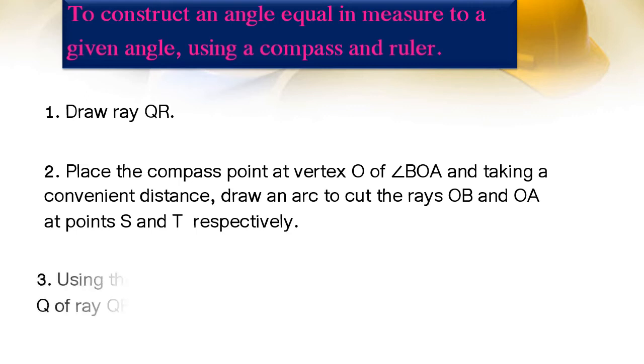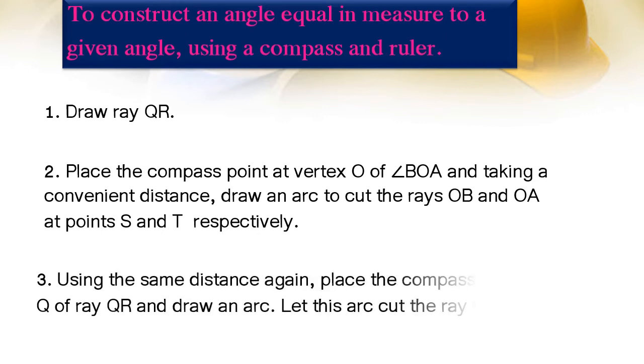Next, using the same distance again, place the compass point at point Q of ray QR and draw an arc. Now, when you draw an arc on ray QR, this arc will cut the ray QR and give it the name point D.